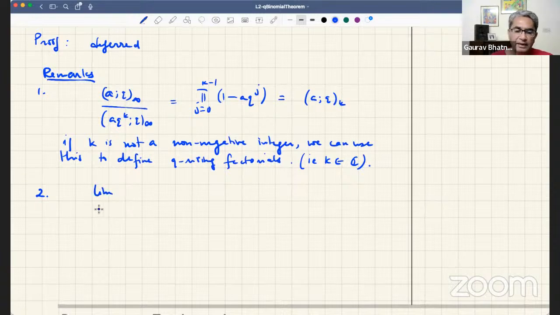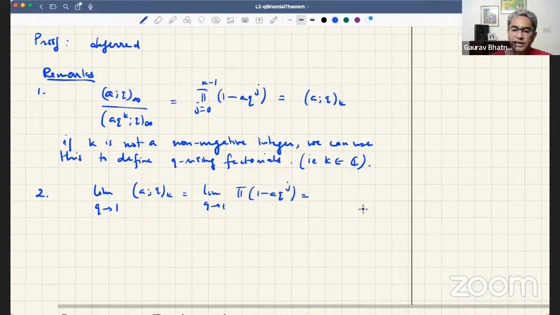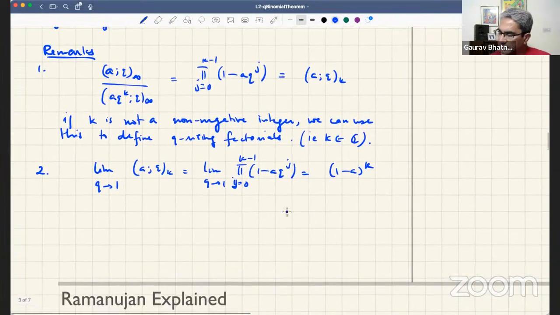If we take the limit as q goes to 1 of (a;q)_k, this is the limit as q goes to 1 of the product of (1 minus aq^j), with j going between 0 and k minus 1. So this is just (1 minus a) raised to the power k.